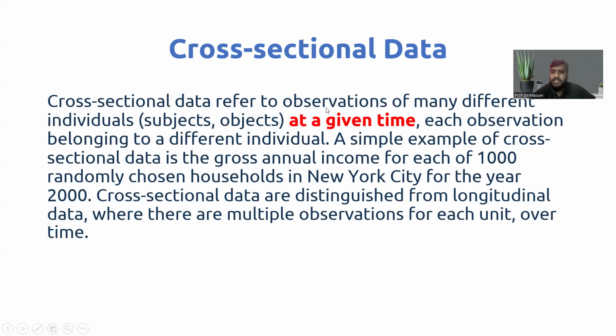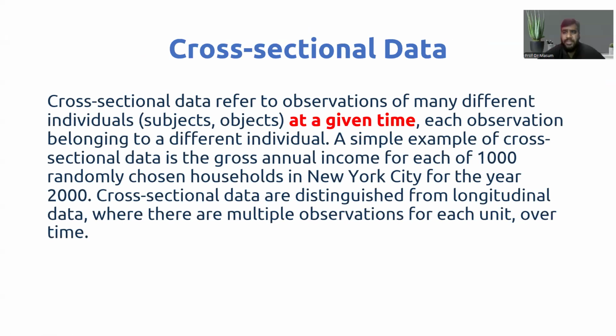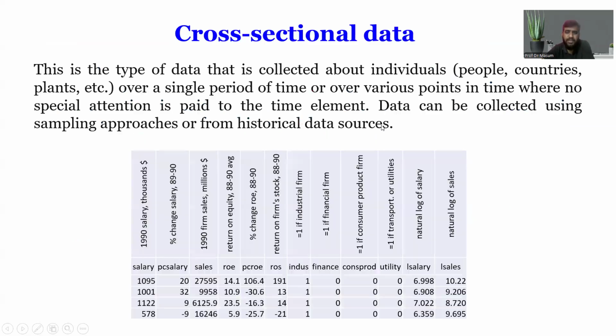And the data characteristics in our model today is cross-sectional data. What is the characteristics of today's data? It is cross-sectional data. And cross-sectional data means observations of many different individuals at a given time. Say for example here, our data is about 209 companies, 209 individuals, and the data was taken in 1990.